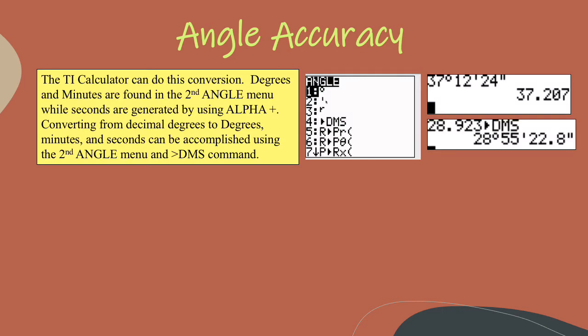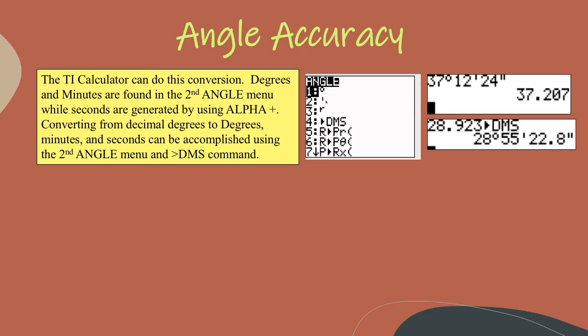The TI 84 or 83 calculator can do this conversion. Degrees and minutes are found in the second angle menu, while seconds are generated by using alpha plus. We don't use seconds that often, but it is available.